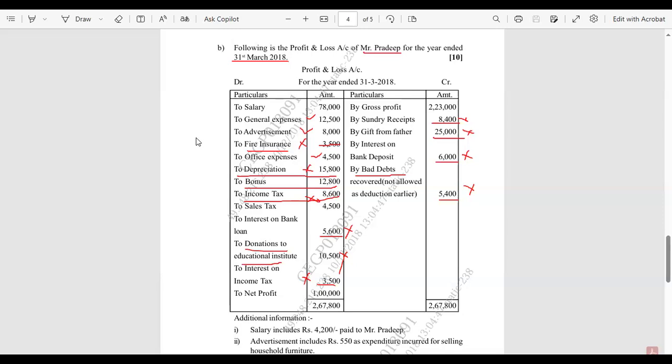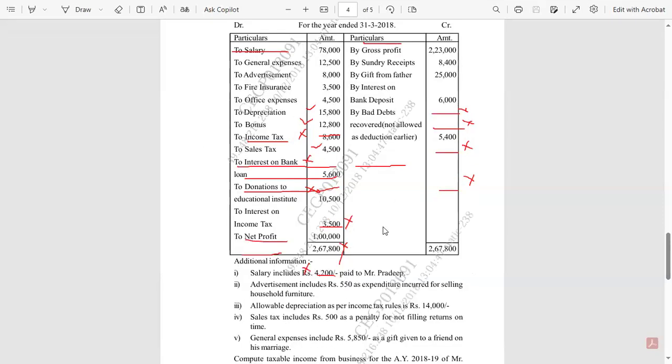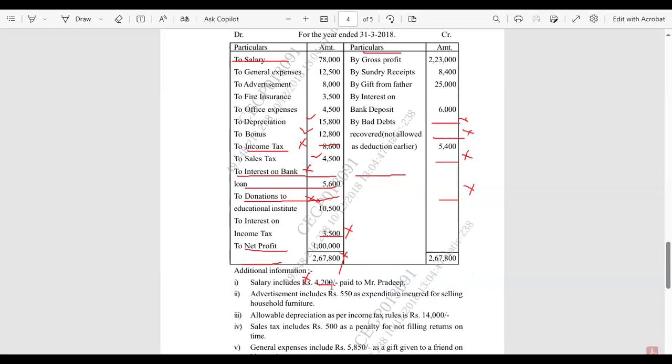Now let's see what are the adjustments. Salary includes 4,200 paid to Mr. Pradeep. So again, in case of salary, I need to find out the part of 4,200, and this personal salary will not be allowed.